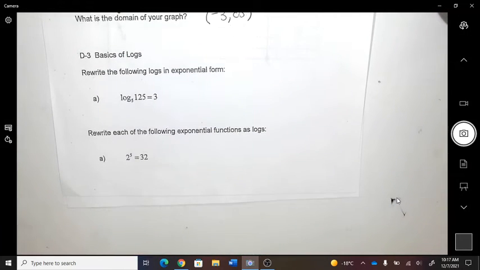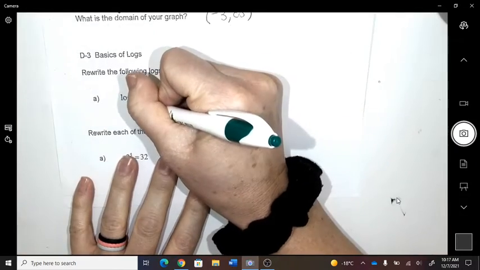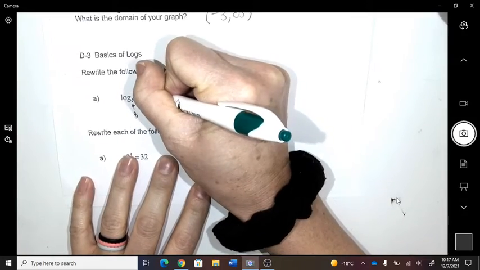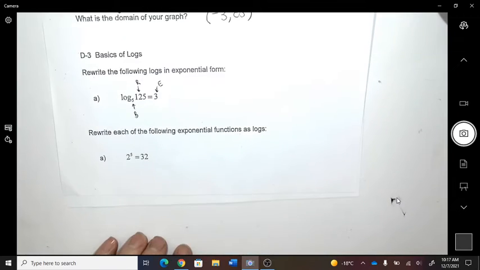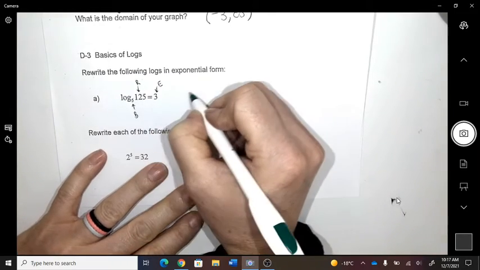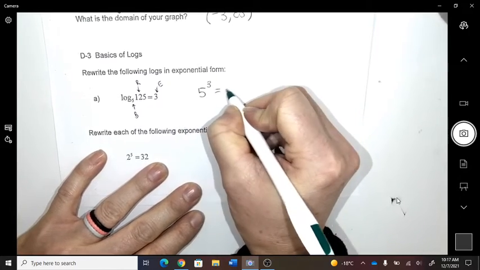Okay, log stuff. Rewrite in exponential form. That's the base, that's the result, and that's the exponent. Those are the components of a log equation. If I want to rewrite it in exponent form, the base to the exponent equals the result.